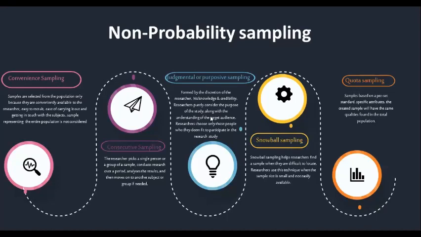We are already deciding that this person is fit to be my sample, and that person is not fit to be my sample. Then we are already making the results in our mind. So this also has lots of lacuna.